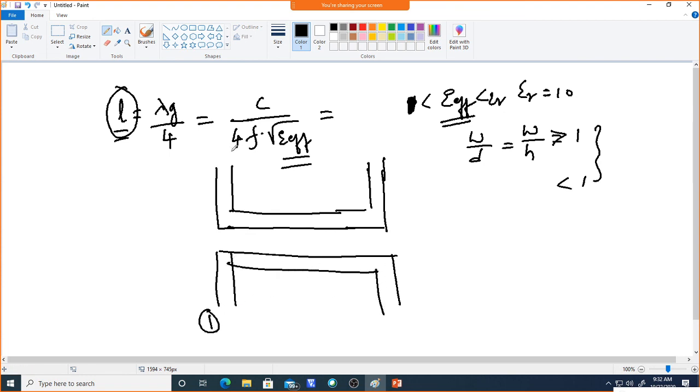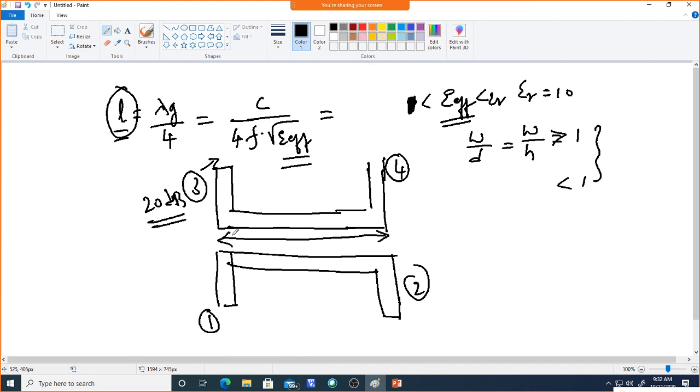If you take this as one, two, three and four like this, then your coupled port will have a 20 dB coupling factor. That is what you need to get in the parallel line coupler. This length is lambda g by 4, whatever you get, and you need to put it in.